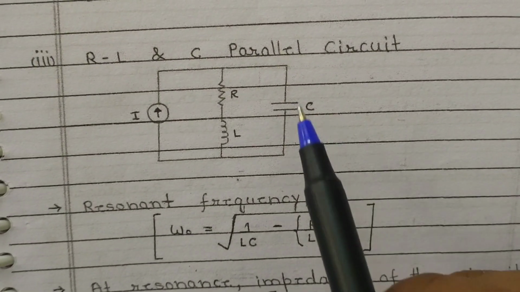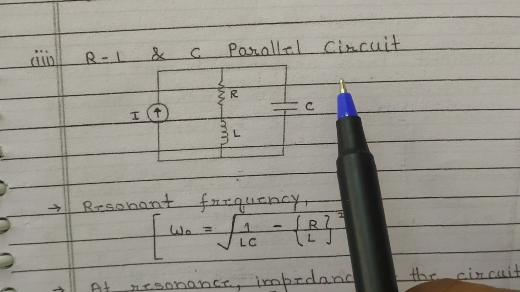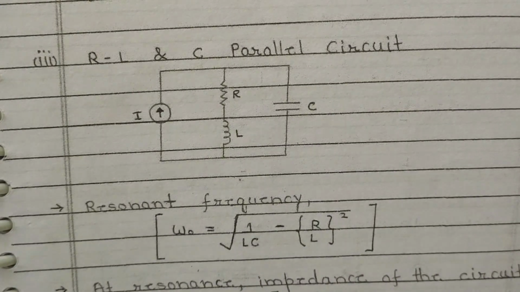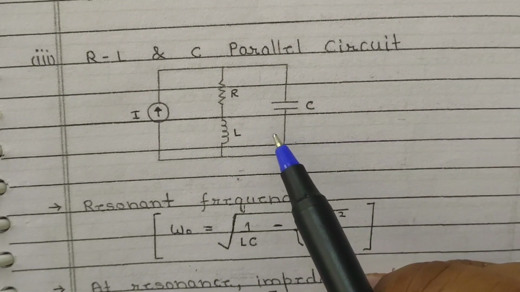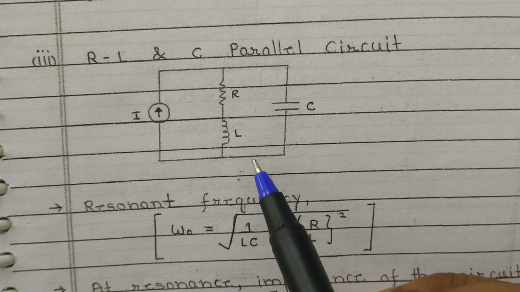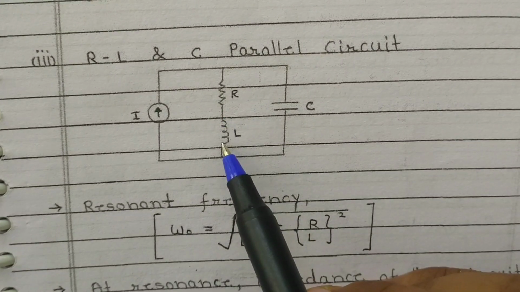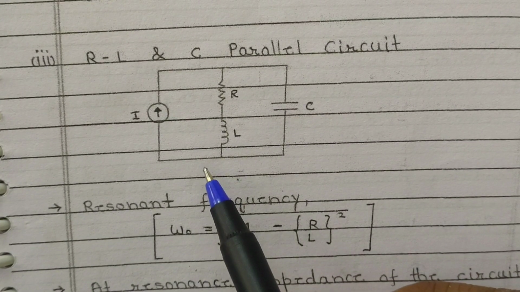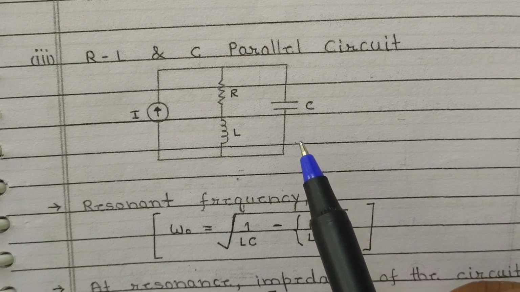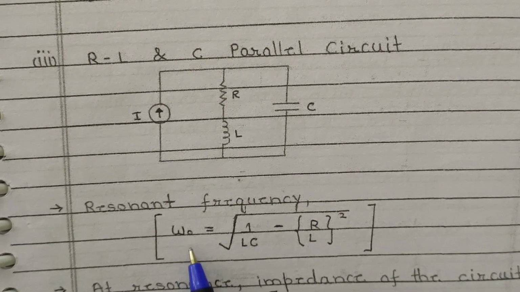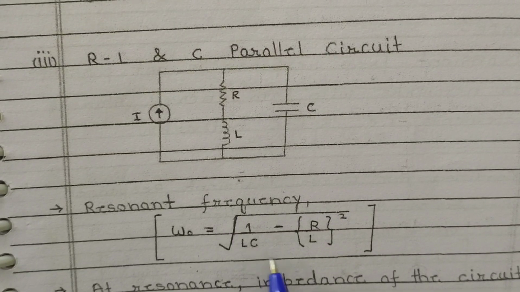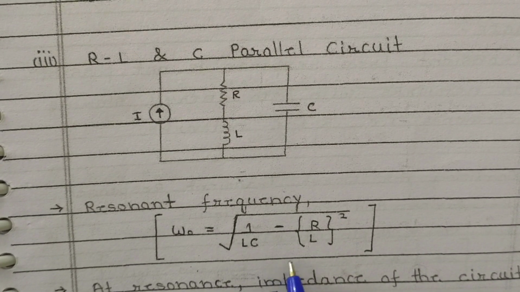This is one of the important parallel circuits which is asked in competitive exams. This is also known as a tank circuit. In this, the resistor and inductor will be in one branch and the capacitor will be in another branch. Here you will get the formula: omega naught is equal to under root of 1 by LC minus R by L whole square.